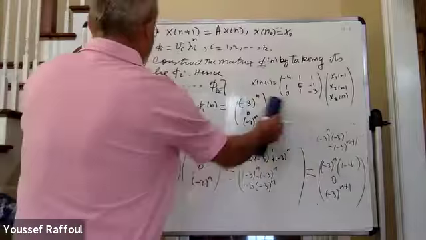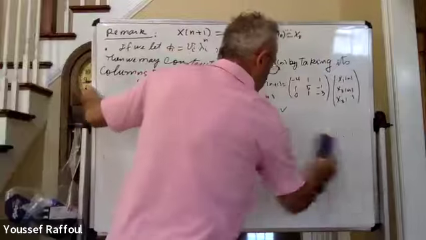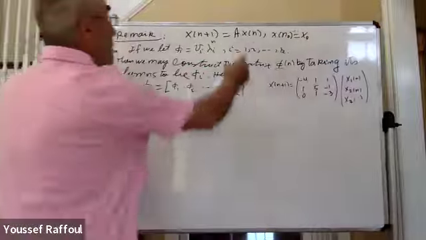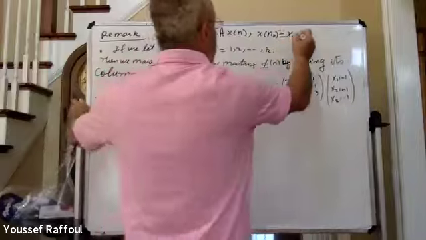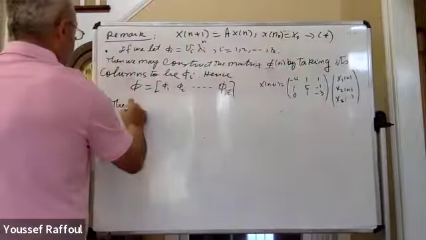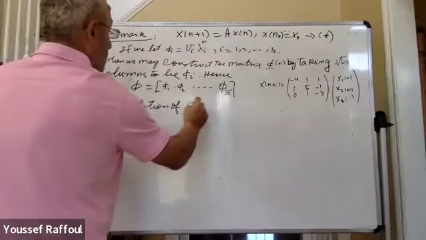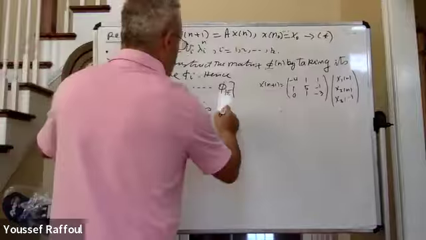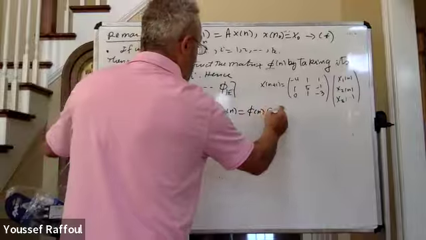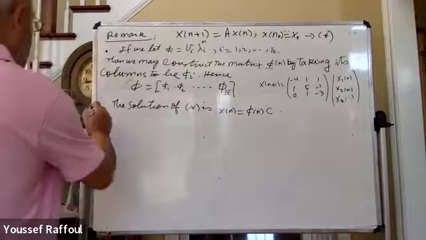All right. So let me add the following. Let's say this is a star, then the solution of a star is x_n equal phi_n times some constant c, and this is a constant vector.